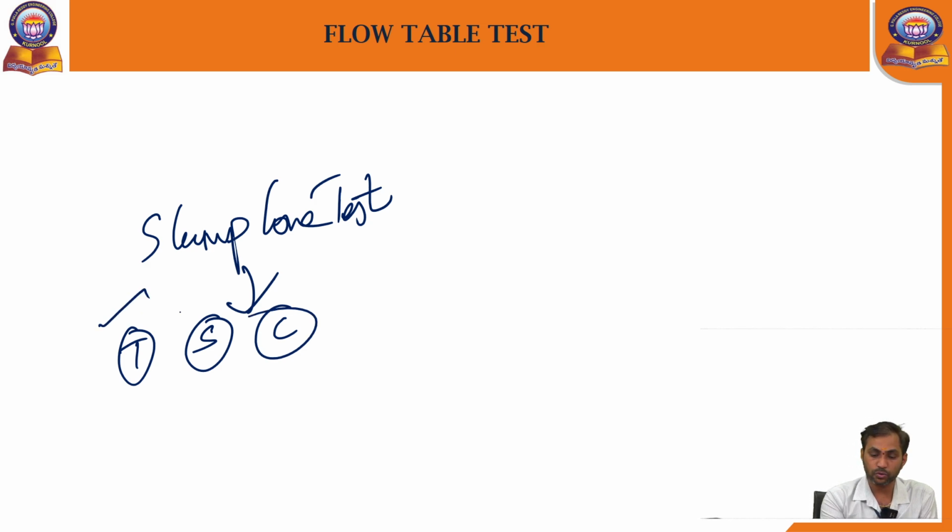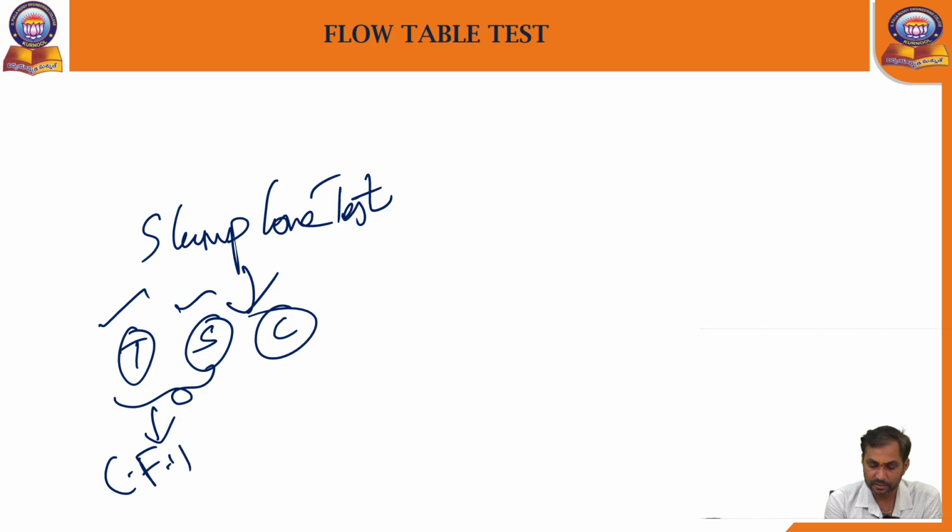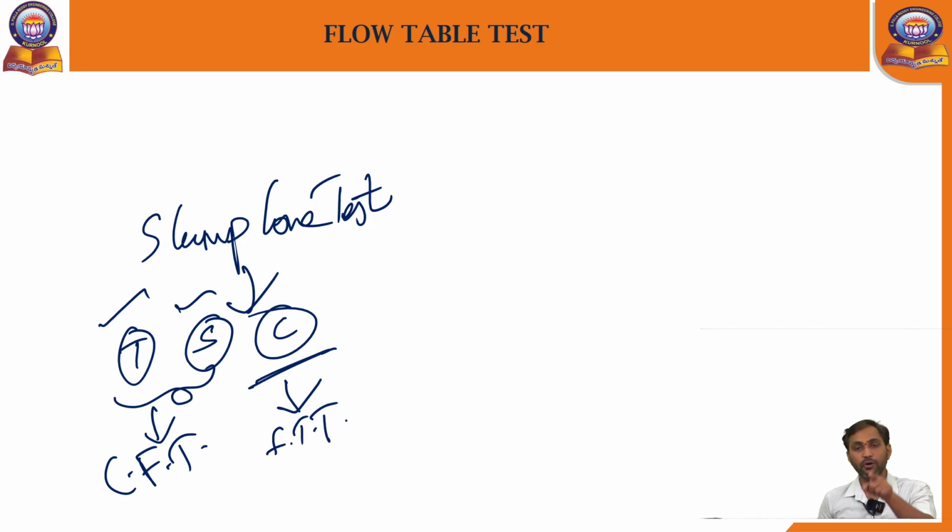If you get a true slump or shear slump, go for the compaction factor test. If you get a collapse, go for the flow table test. So that flow table test only we are going to be testing.